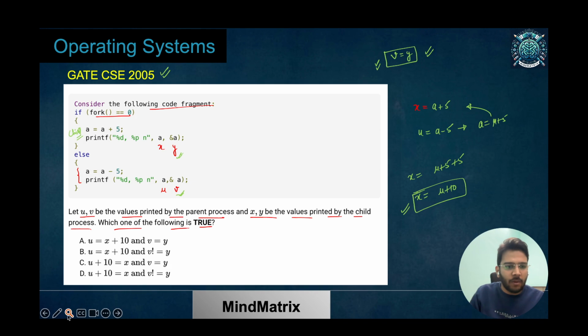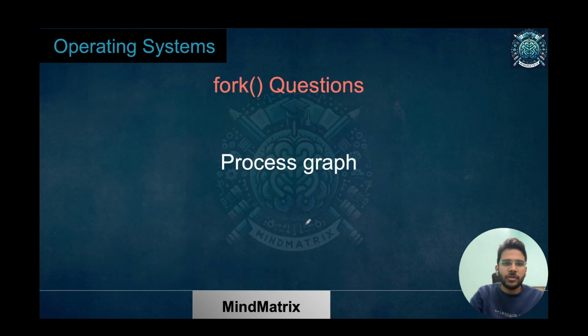If you see the options, option C is the correct answer: x is equal to u plus 10 and v is equal to y. Simple, right? Let's proceed further.